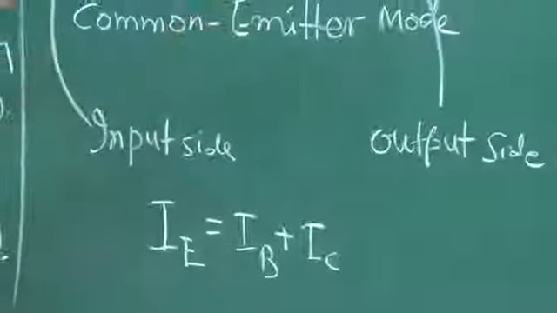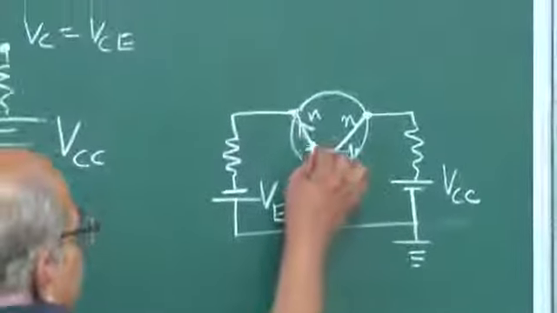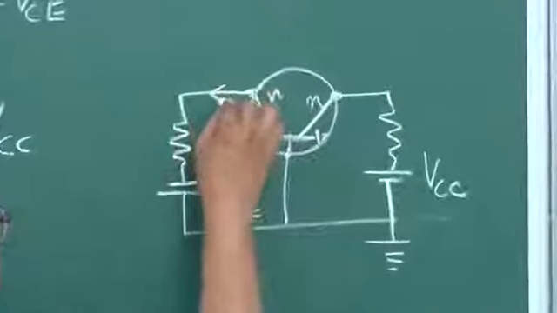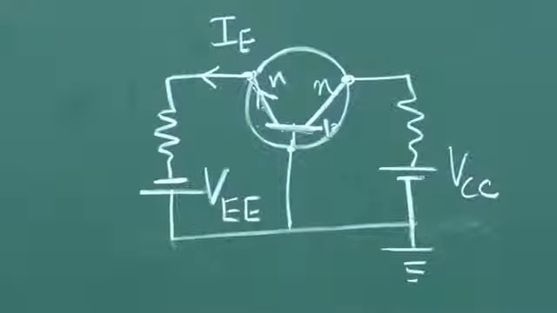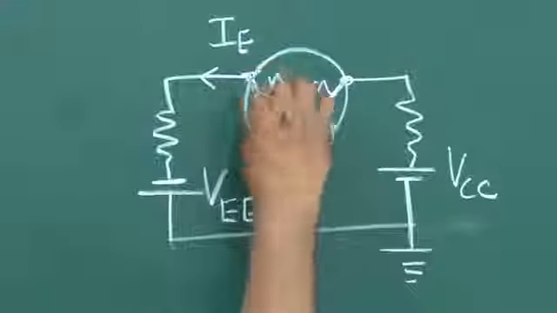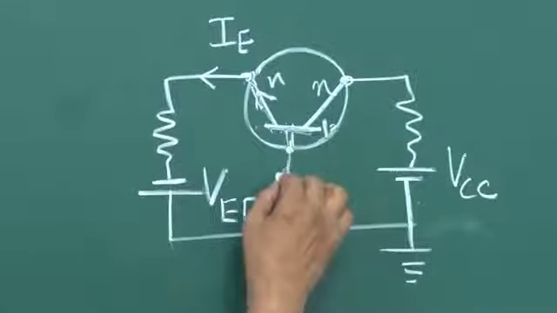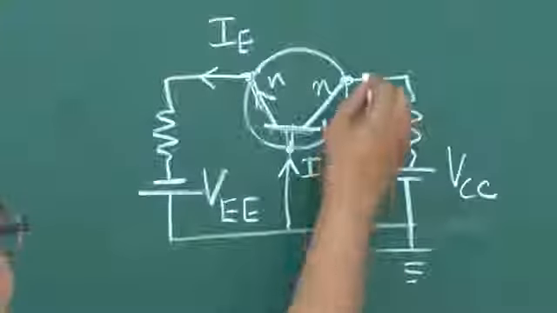Here also the same story. This is emitter, so this current will be IE, this current will be IE. And since this is a PN junction, the current will go into P and then N in this junction. So you will have IB here and then IC.